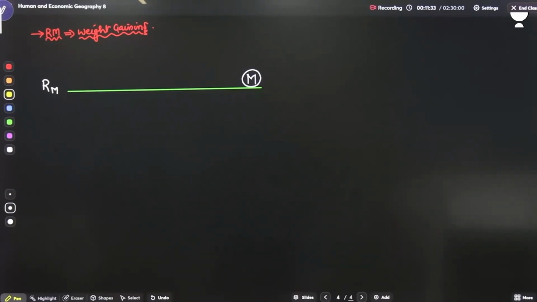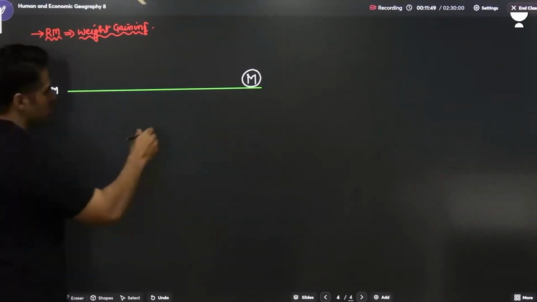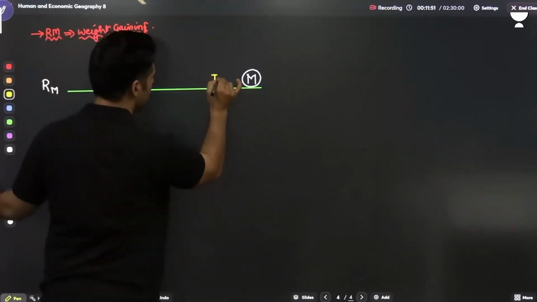When you reprocess it, what it becomes? Heavier. Example I gave you just now: dairy, brewery, bakery. Is this clear? Can you tell me what is the best location for this industry? Near the market. So industry is better located here.